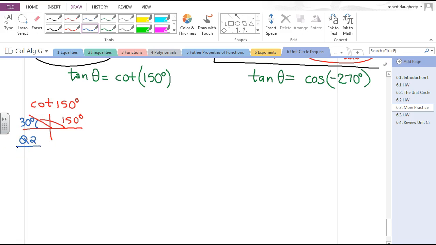What's the definition of tangent? Yeah, tangent is y over x. That means the cotangent is x over y. So if I go to 30 degrees, what is x over y? And if I'm in the second quadrant, what are the values of tangent or cotangent?